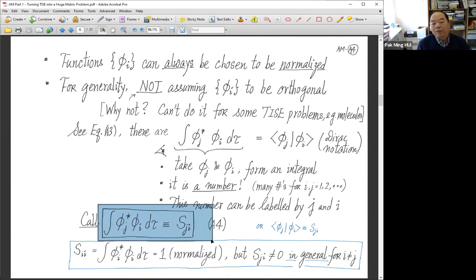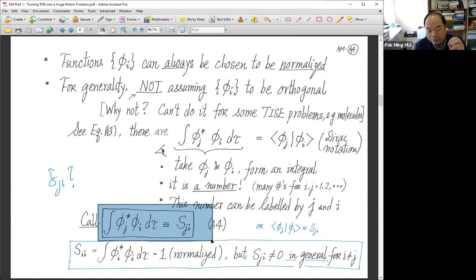Now some students may wonder, is it delta_ji? That is to say, you may question whether my chosen basis functions are normalized and orthogonal to each other.